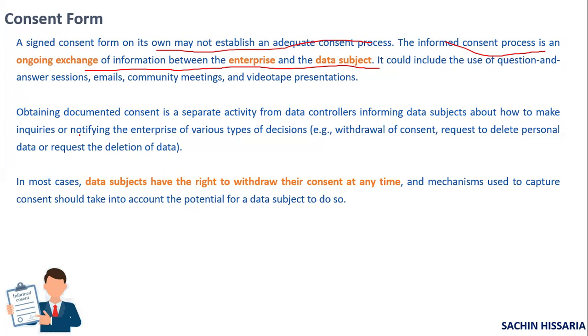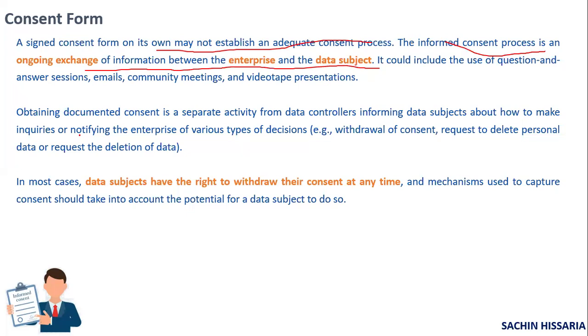Sometimes companies send awareness emailers and certain presentations to customers saying we have collected this information for this purpose. So there has to be an ongoing exchange of information between enterprise and data subject, okay.